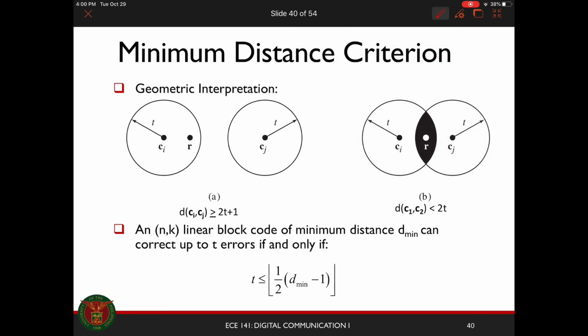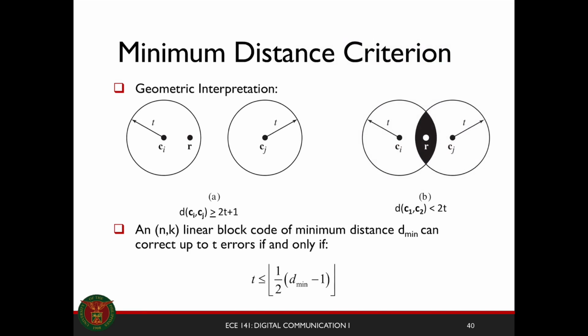If the distance between the two code words is at least 2t plus 1, then we can correct. Let's say your received code word is here, then we can correct it to the nearest possible c sub i. But if the received signal is equidistant to both ci and cj, then we cannot correct it. It could be either of these and you don't know.